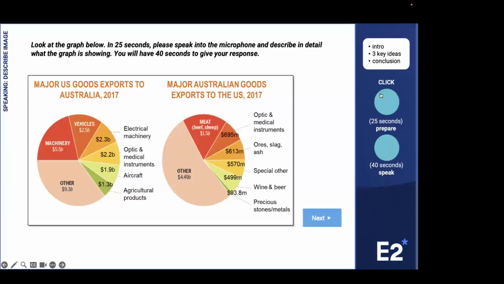Let's do another one. Title, x-axis, 3 key features and conclusion.